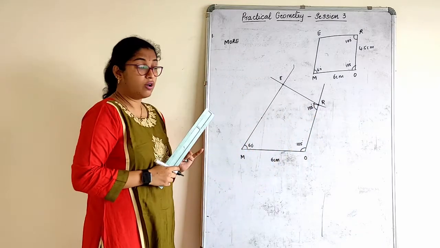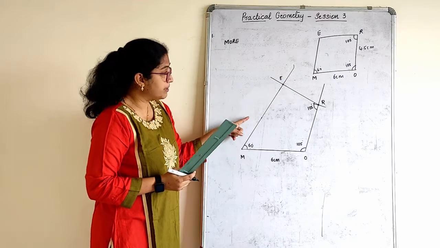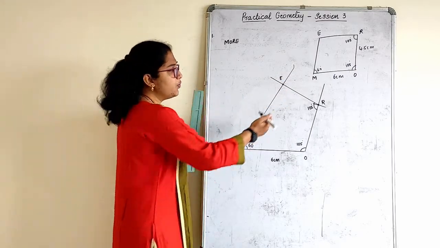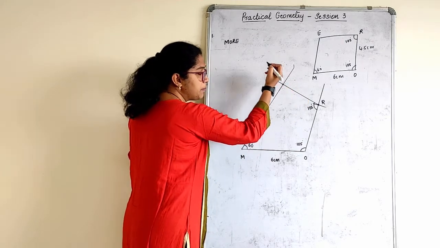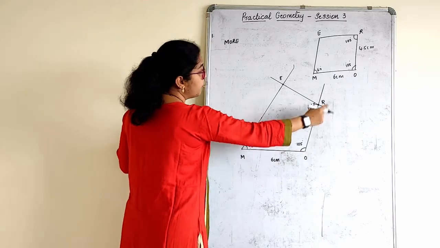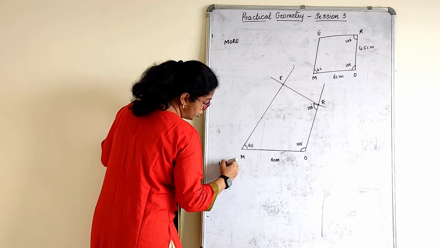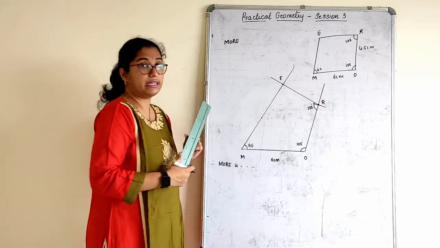Sometimes they will also ask you to find the measure of ER, find the measure of EM, also find the angle E. Simple. We can take a scale and measure this, take a scale and measure this, keep the protractor and also measure the angles. So MORE. Therefore, our conclusion, MORE is the required quadrilateral.